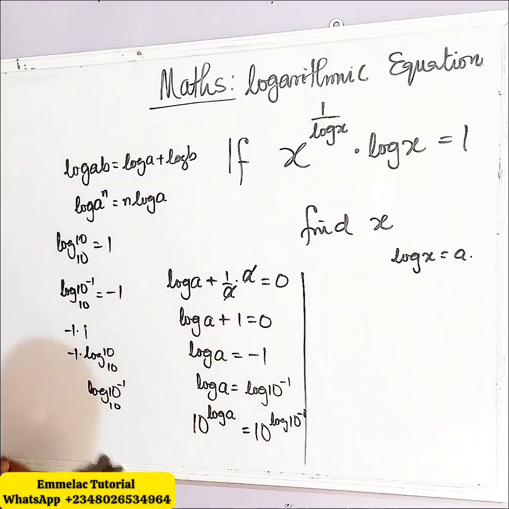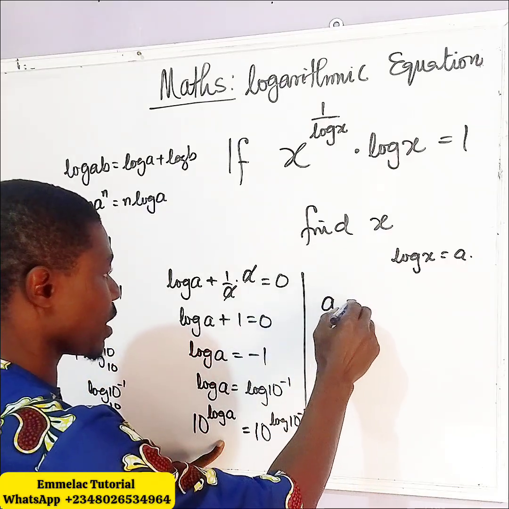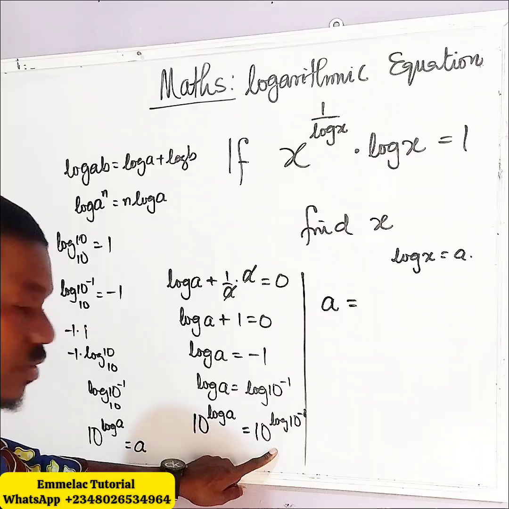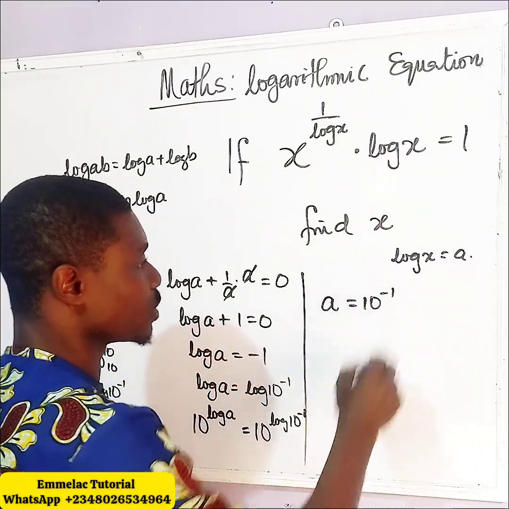Take note that if you have 10 to the power of log a, the answer will give us a. So to this end here will give us a, then equals to this end, to give us 10 raised to the power of minus 1.